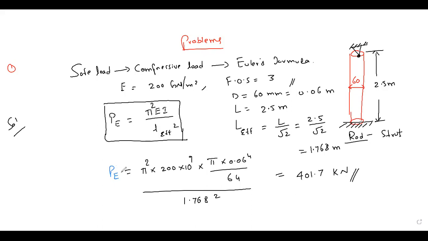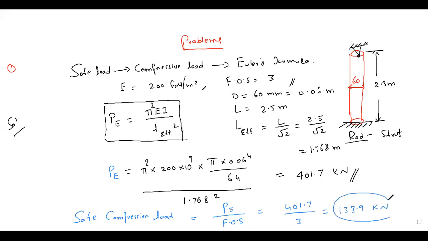Then how to calculate the safe compressive load? Because in the problem, it asks you to calculate the safe compressive load. How to calculate it? Crippling or buckling load by factor of safety: 401.7 by 3, which is 133.9 kilonewton.